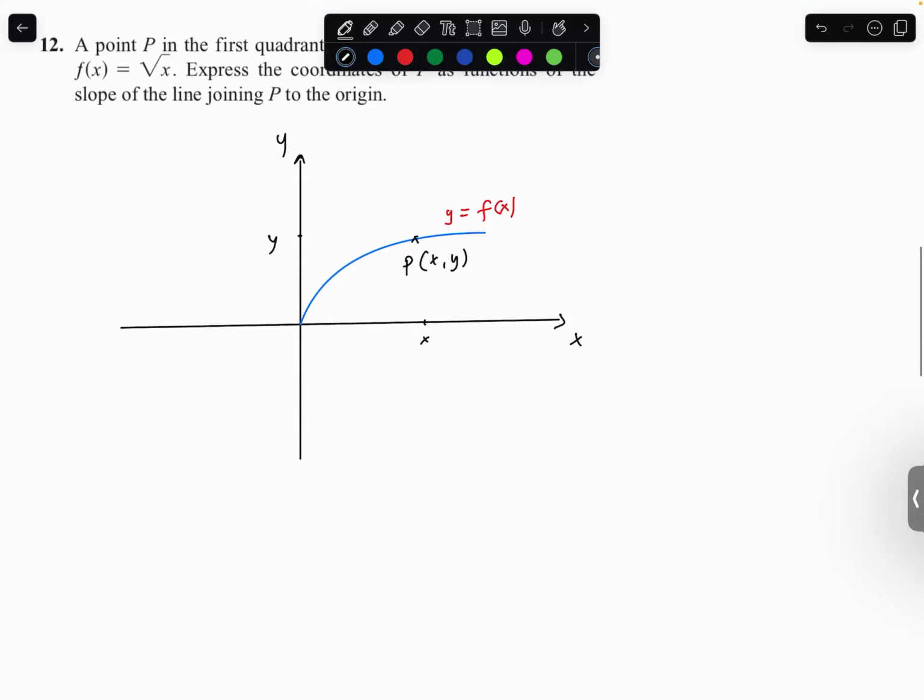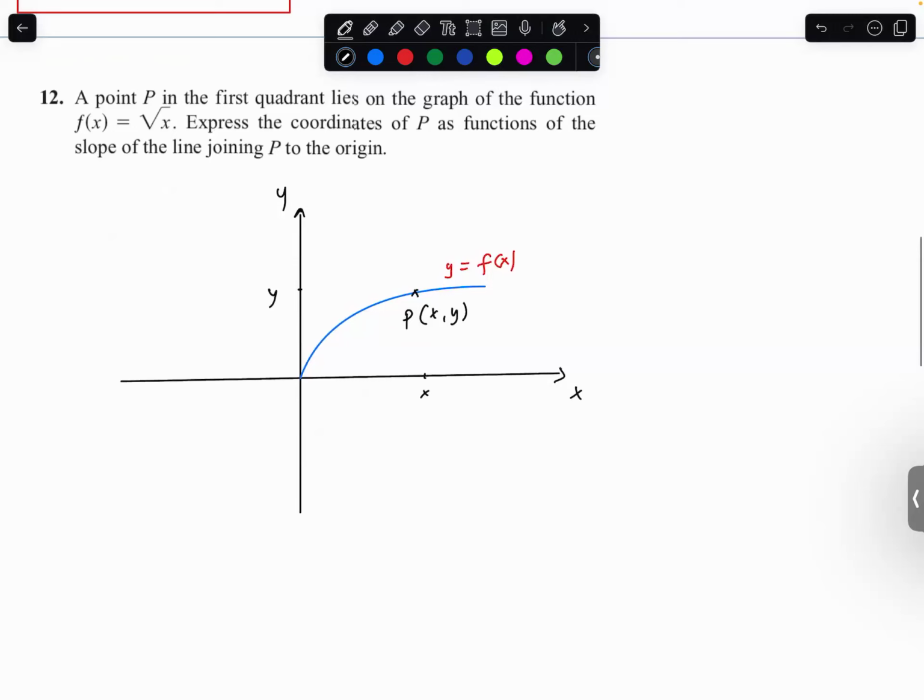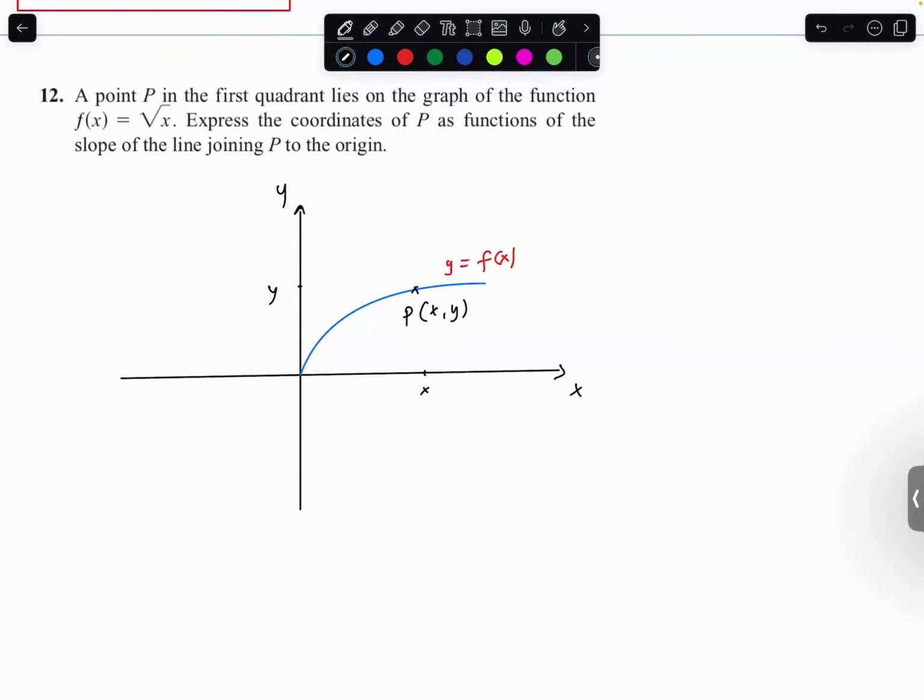We have taken a point P which is in the first quadrant, so P has a coordinate of x comma y. But we know that y equals f of x, which equals square root of x.